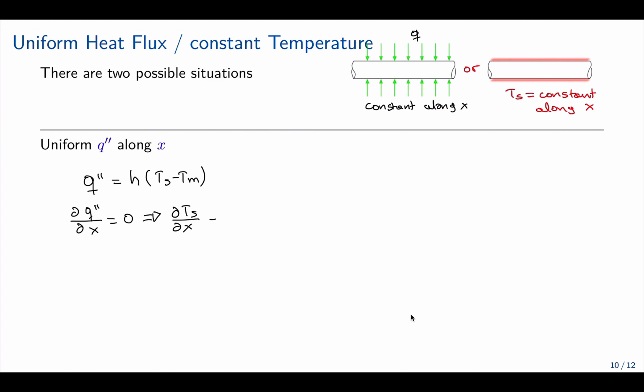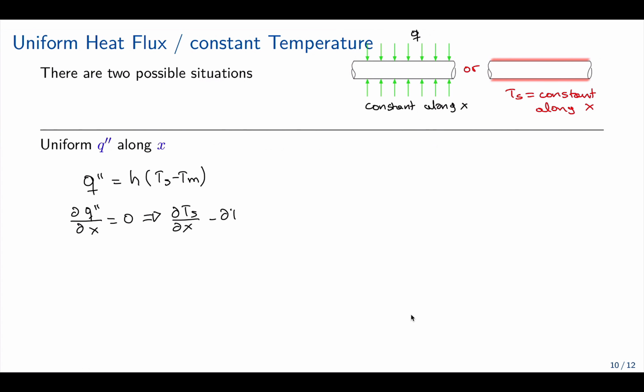Minus dTm over dx, everything multiplied by H, is equal to 0. In other words, dTs/dx equal to dTm/dx. So what we found is that the slope of the temperature on the surface is going to be equal to the slope of the mean temperature.